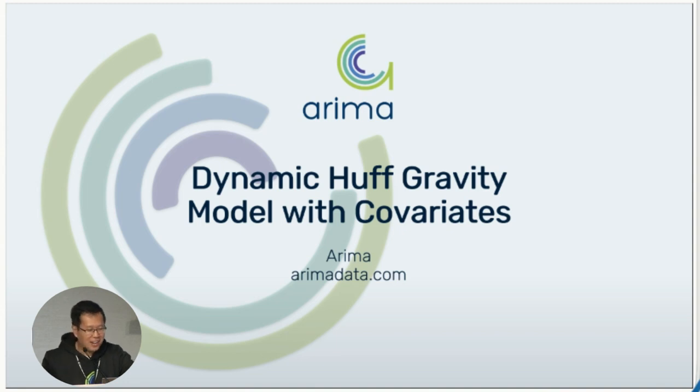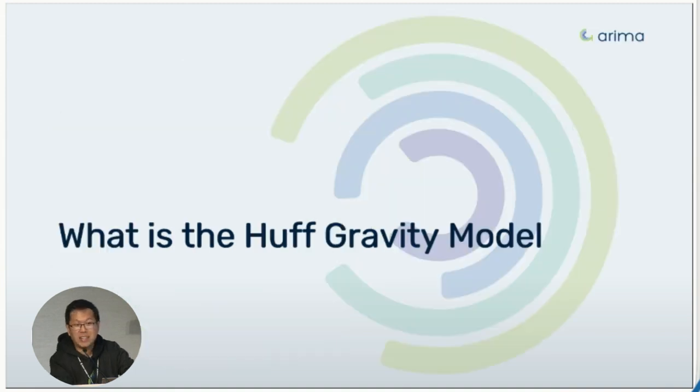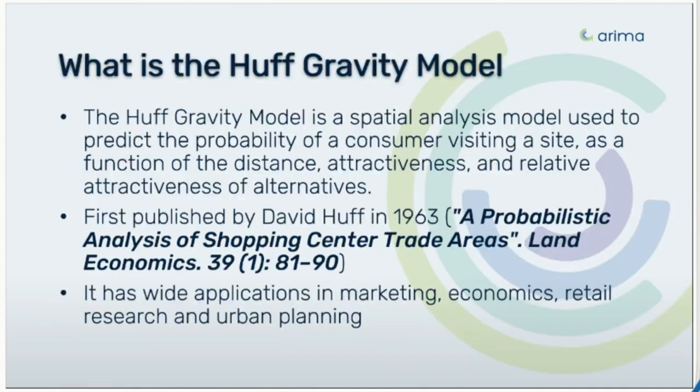All right, the dynamic Huff model with covariates. Let's start with chatting about what the Huff model is. The Huff model is a spatial analysis model used in predicting the probability of somebody visiting a specific location.